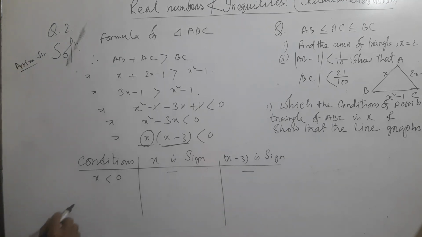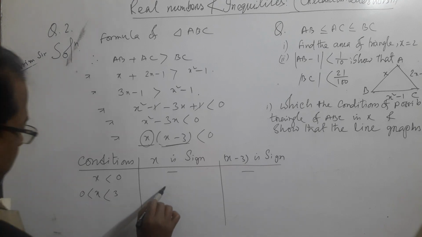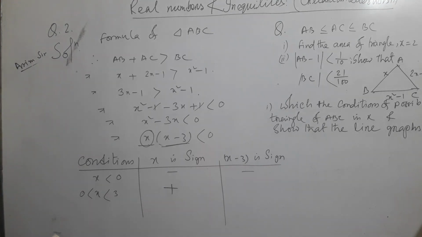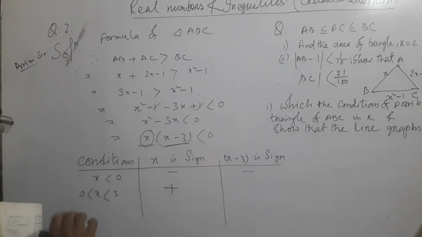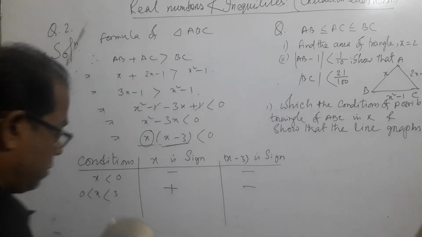So 0 is less than x is less than 3, that means 0 থেকে x is plus, and 3 থেকে x is less than, that means minus.